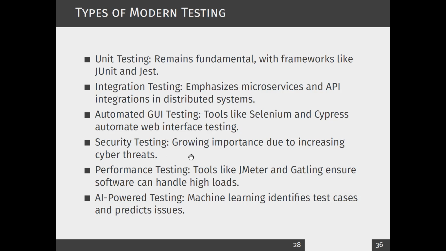So we can use software like JMeter or Gatling, which can generate high loads. Of course, with the new addition of AI powered testing, it is getting most common, and software testing can be automated with these tools. So one way is use of machine learning to identify test cases and predict the issues.